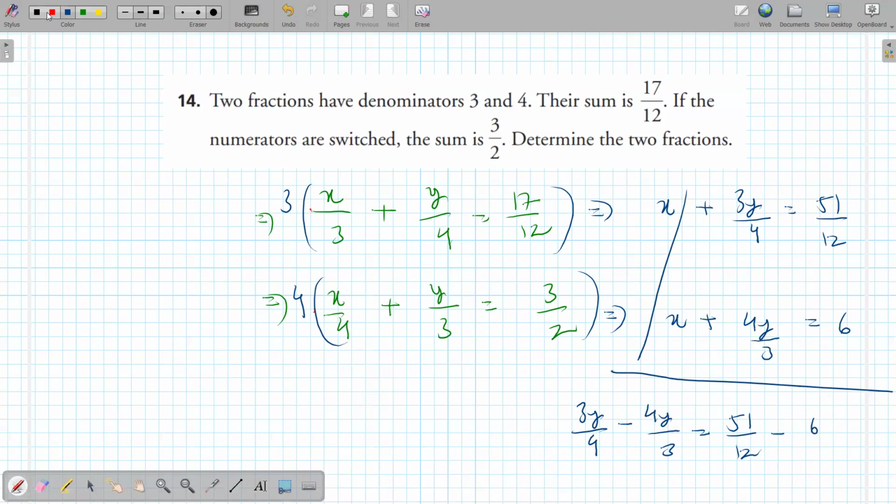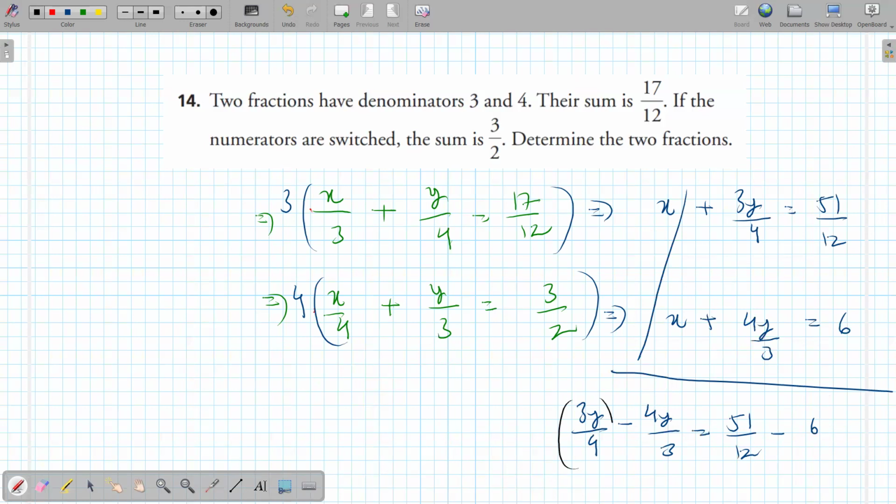All right, now what? We're trying to solve this equation. We find the LCD, which is going to be 12, right?